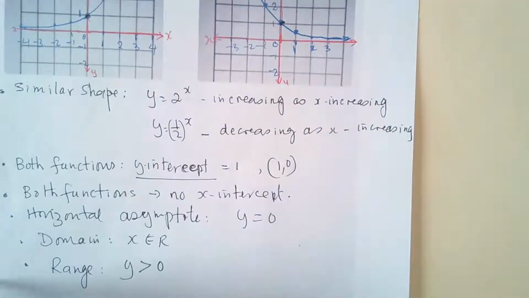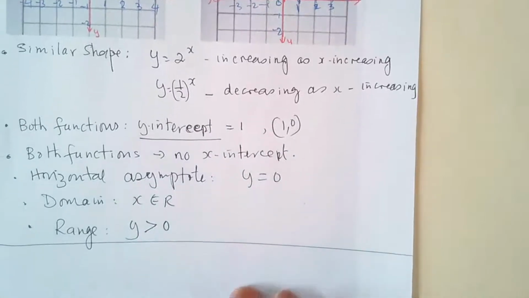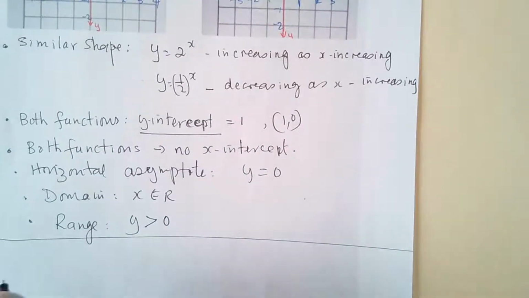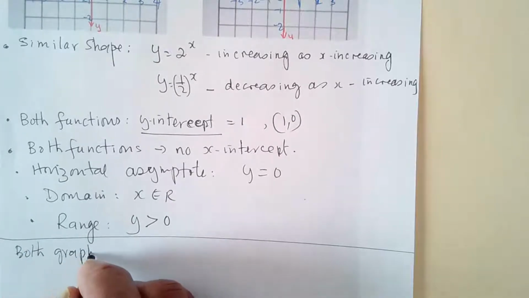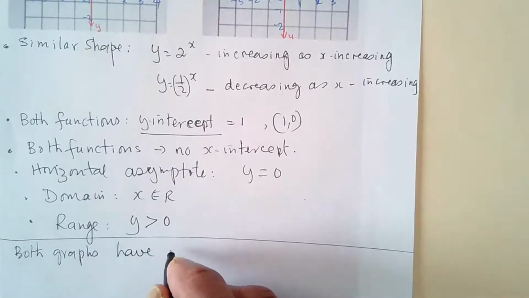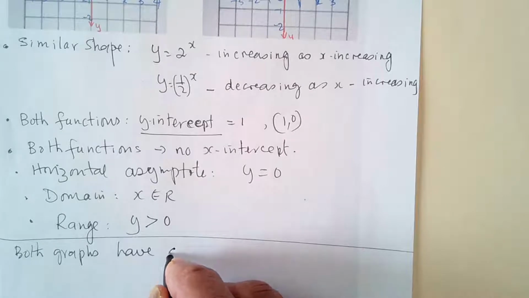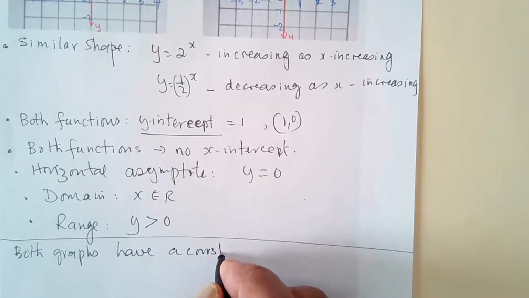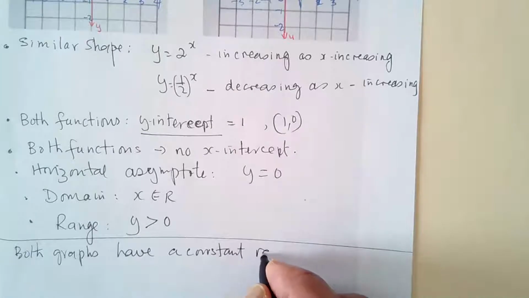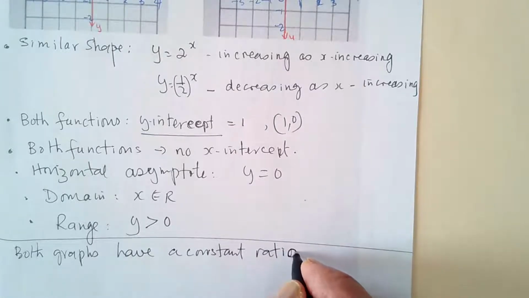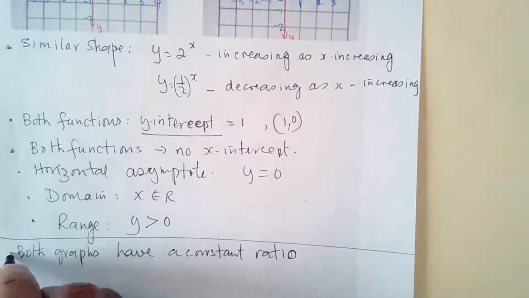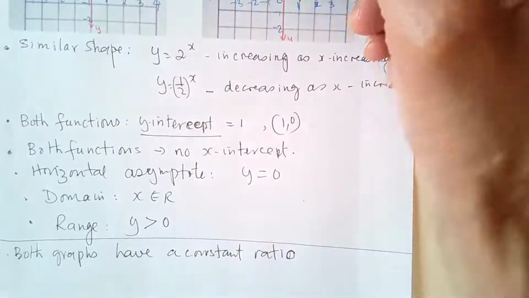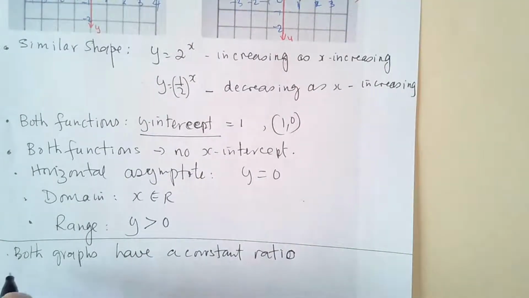So we can add that to our characteristics here. Both graphs have a constant ratio. In other words, they're growing or decreasing at equal intervals.